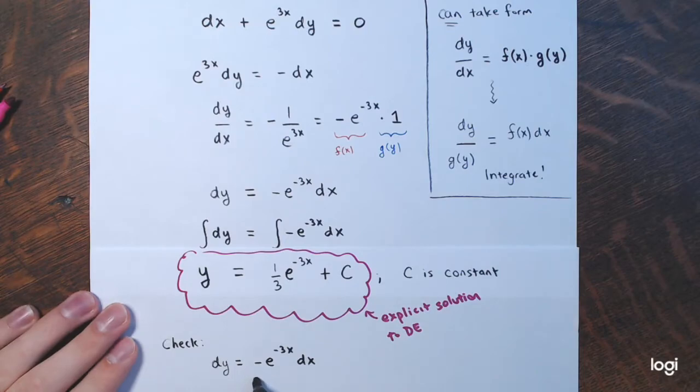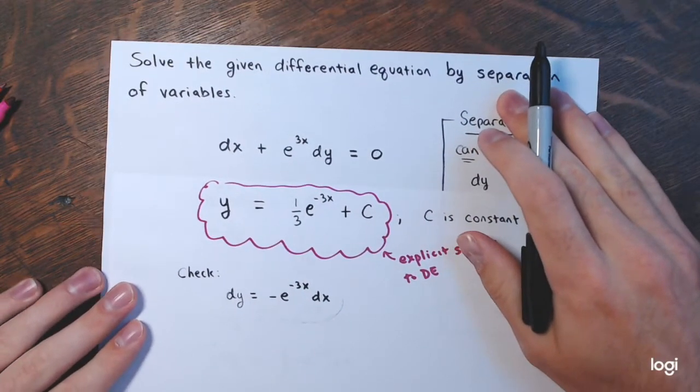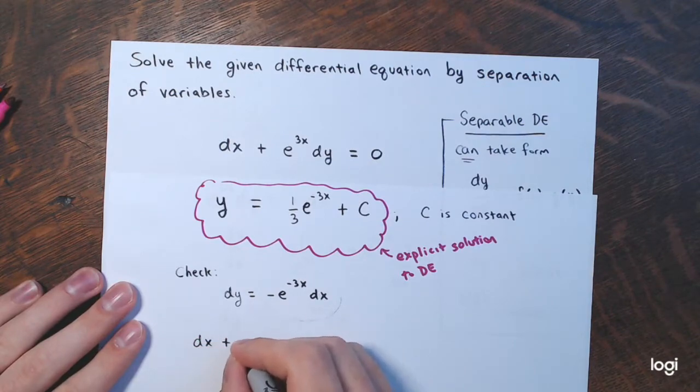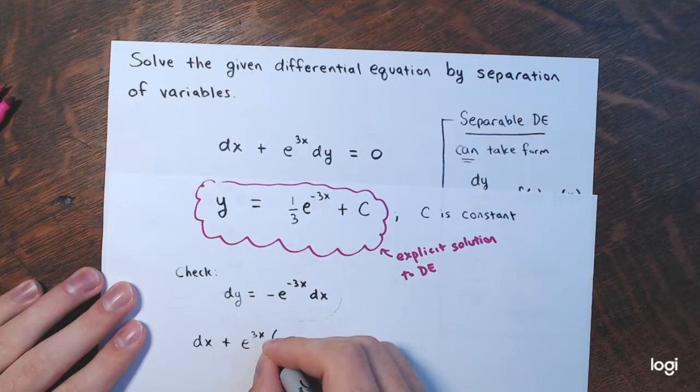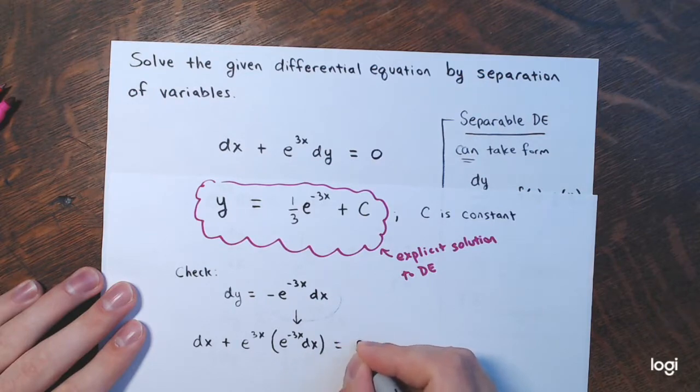And I guess I could substitute this in for dy in the initial equation and see if it's satisfied. Right, so we'd have dx plus e to the 3x times this, the dy, and see if that's equal to 0.